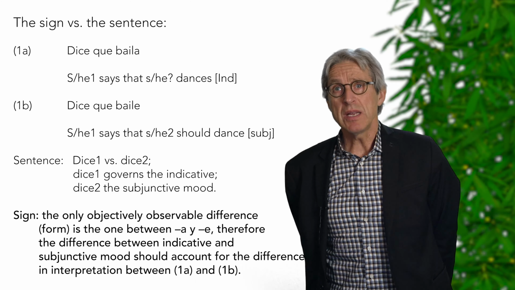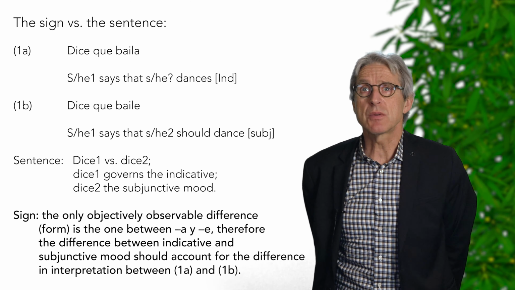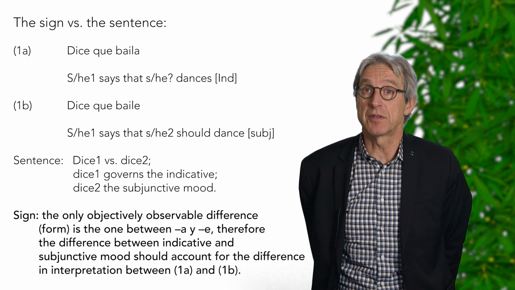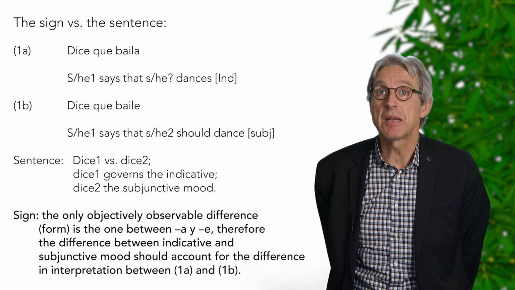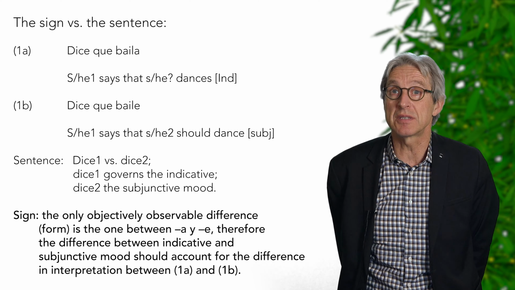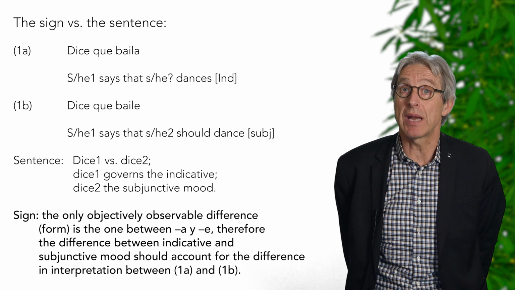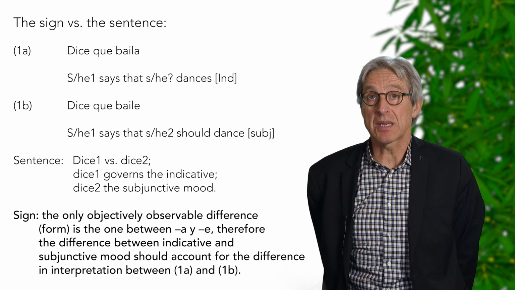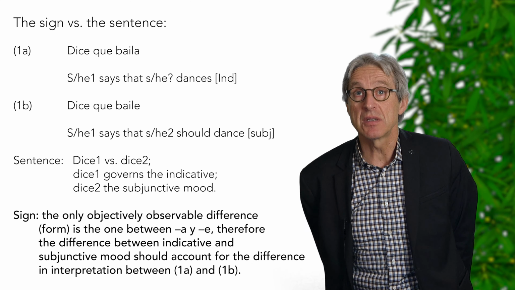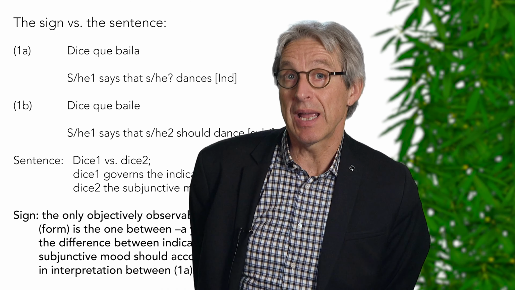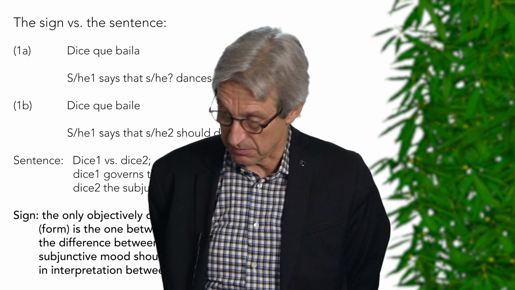So the only observable difference is the one between a and e, the final verb form of to dance. Therefore, the difference between indicative and subjunctive mood should account for the difference in interpretation between 1a and 1b. So 1a and 1b don't constitute meanings in themselves, but the result of the difference of interpretation has to lie in the difference between indicative and subjunctive mood.